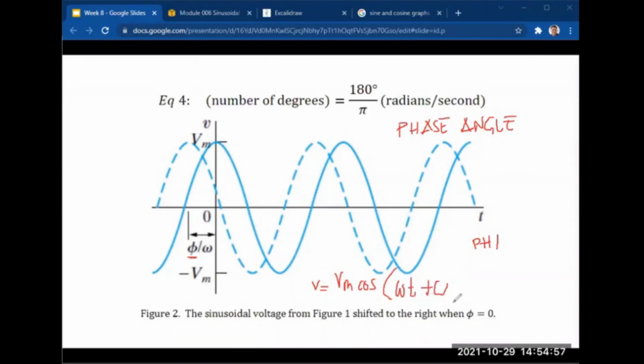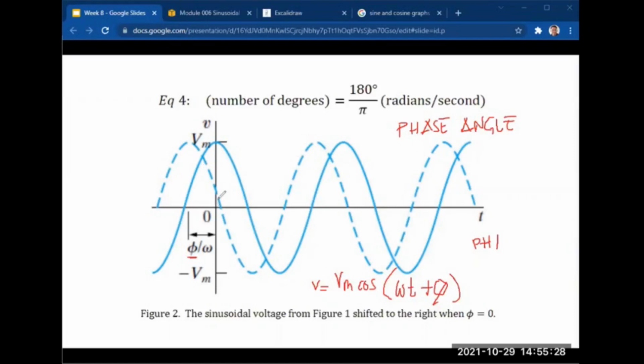So phi is the phase angle. Phase angle is the deviation of our sinusoidal voltage or sinusoidal signal from its supposed angle.